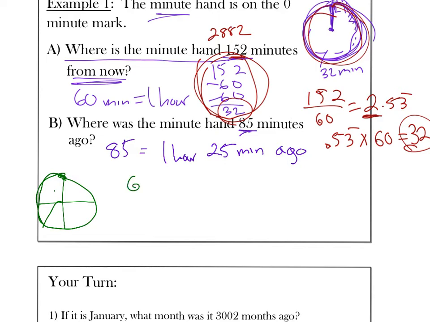So 1 hour, then I'm going to go 60 minus 25. So I'm going to end up at the 35-minute mark. I can do it either way. It's just a matter of, in this case, 85 minutes, it doesn't take much to break that up, take an hour away, take 60 minus 25 and figure out I'm going to be at the 35-minute mark.